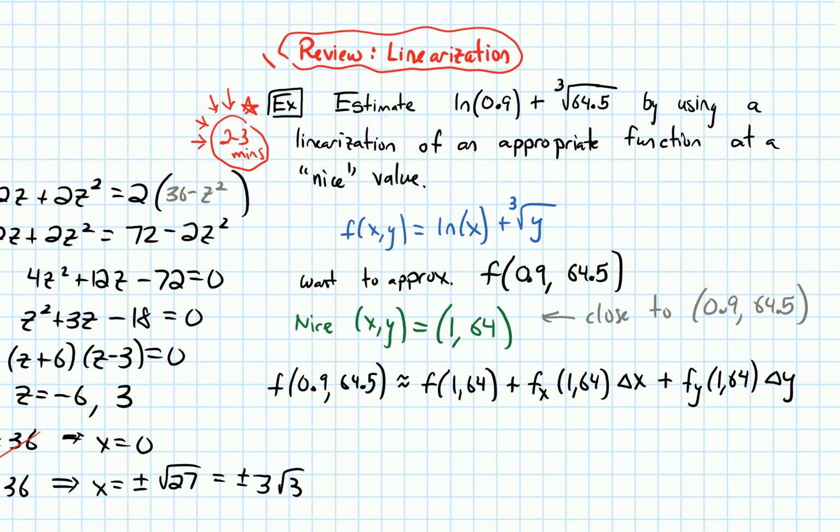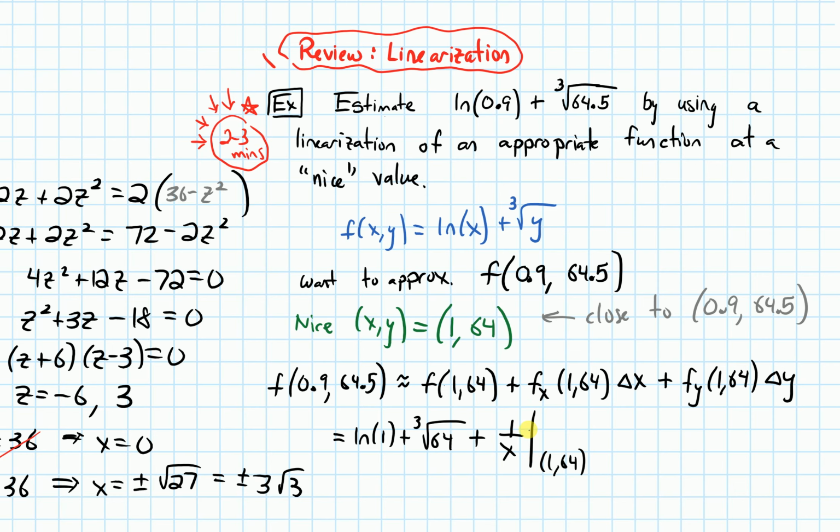Okay, so let's start to work this out. f of (1, 64) is ln of 1 plus the cube root of 64. Then I need the partial with respect to x, which is 1 over x, and then plug in the point (1, 64).